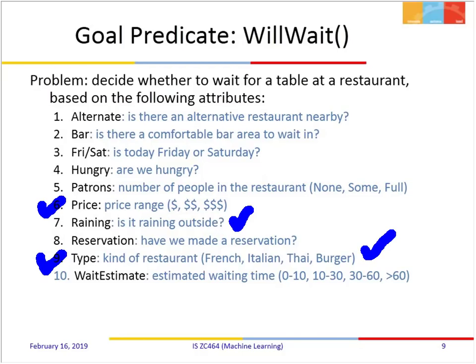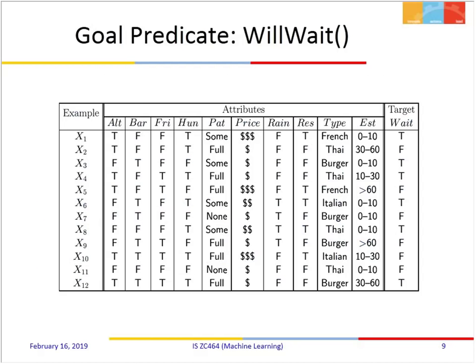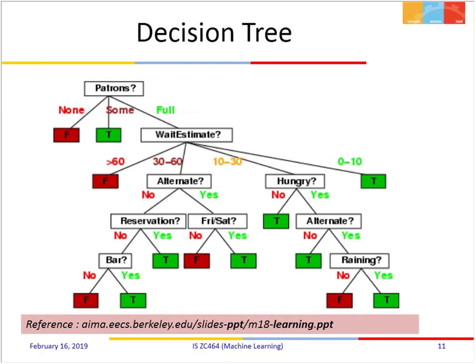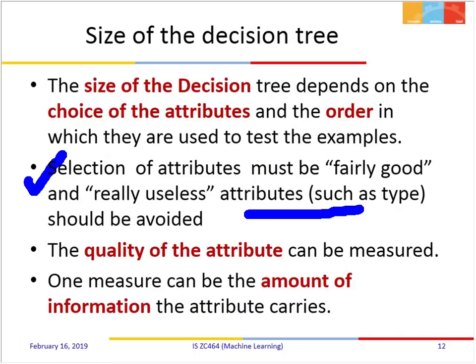Some of them will not be able to distinguish between the kind of classes we want them to. Okay. So let us come back here. The quality of an attribute can be measured. One measure can be the amount of information the attribute carries.